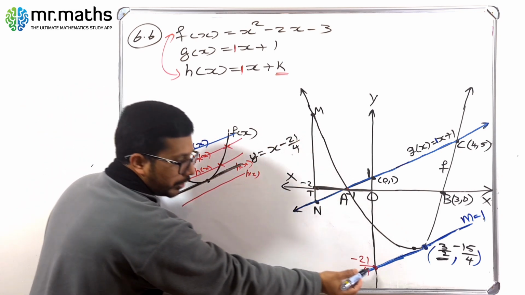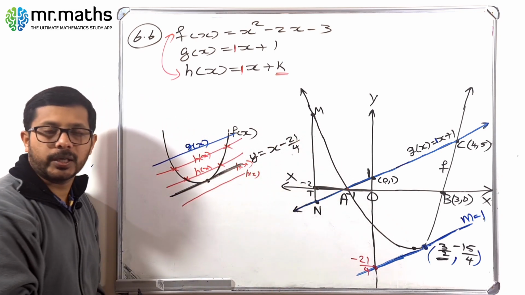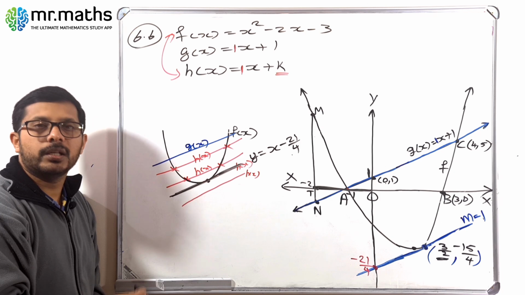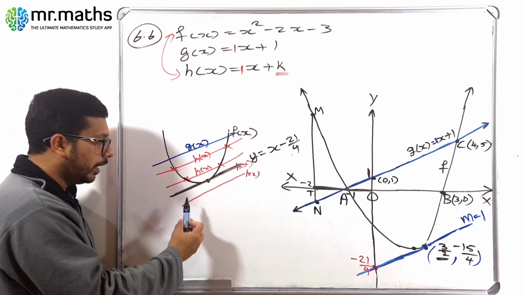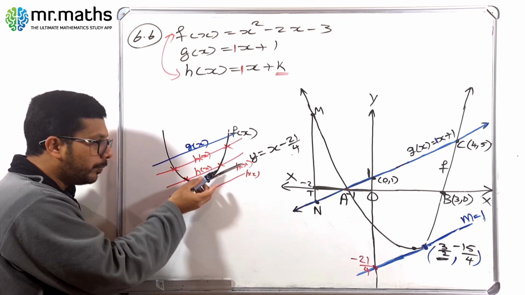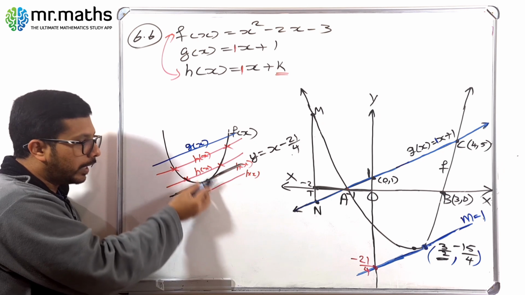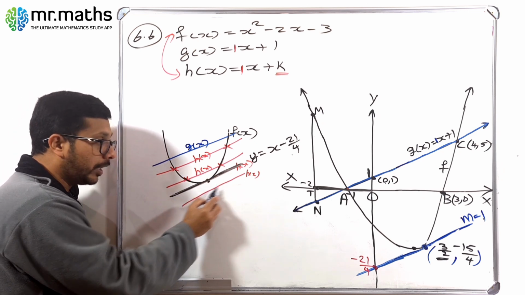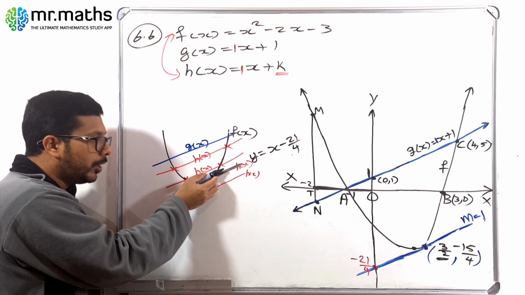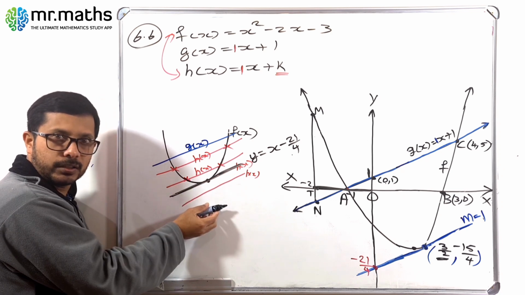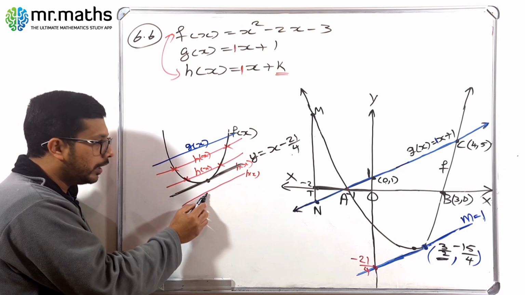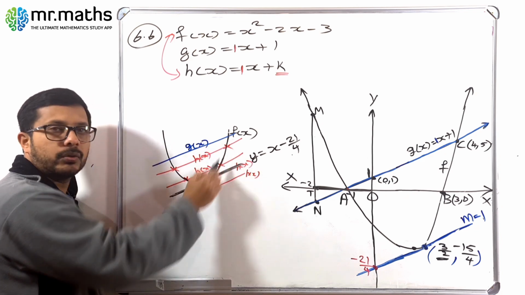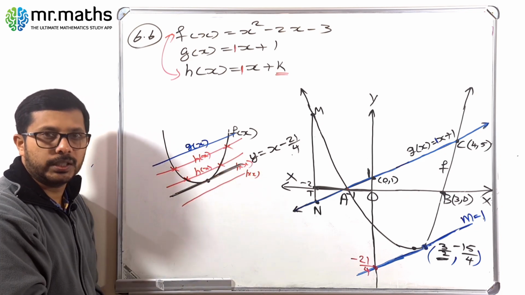Minus 21 over 4. I told you here the y-intercept is minus 21 over 4. Now we can say that our h of x graph must be below that tangent one. Then only this h of x and this parabola, the f of x graph, do not intersect.